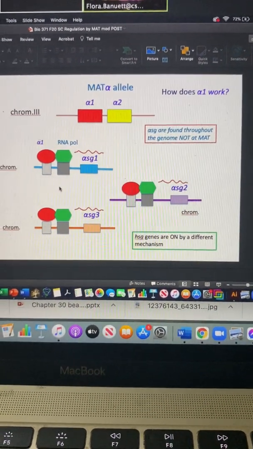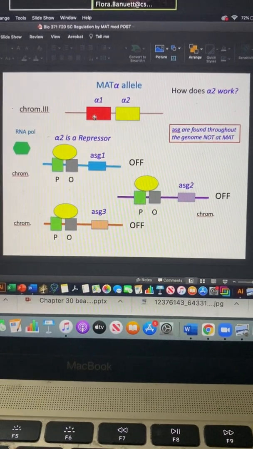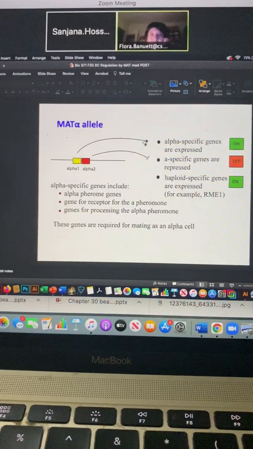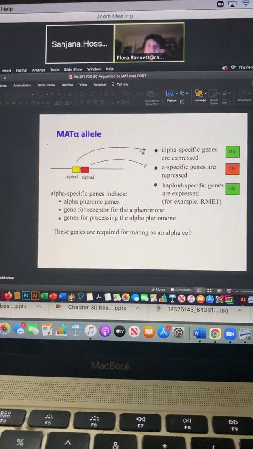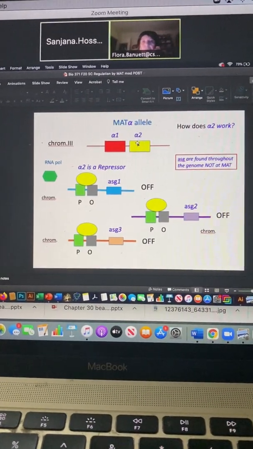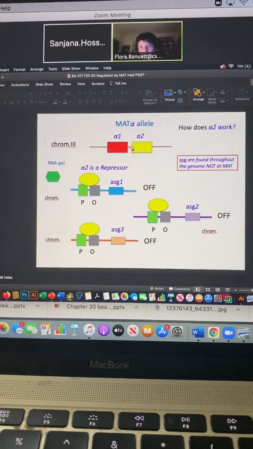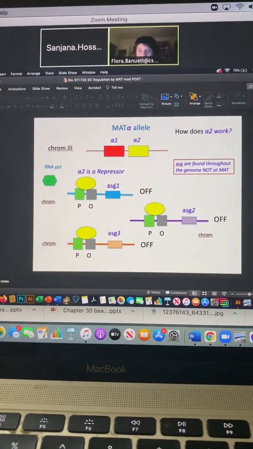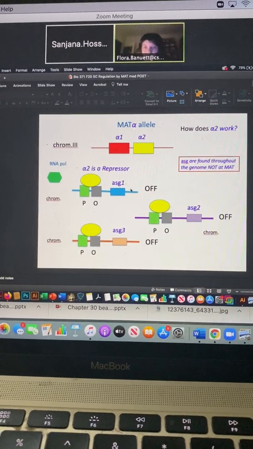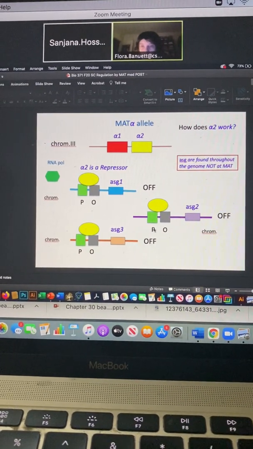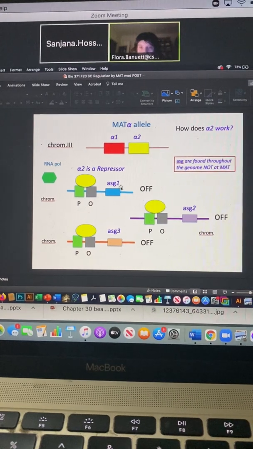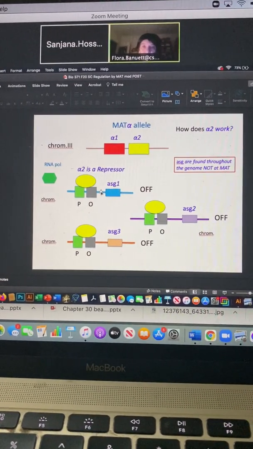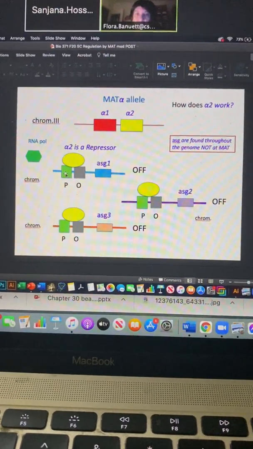That's alpha 1. Let's see what alpha 2 does. Alpha 2 codes for a repressor protein. In front of A specific genes, on different chromosomes, 1, 2, 3, and there are others, each gene has an operator site and a promoter.